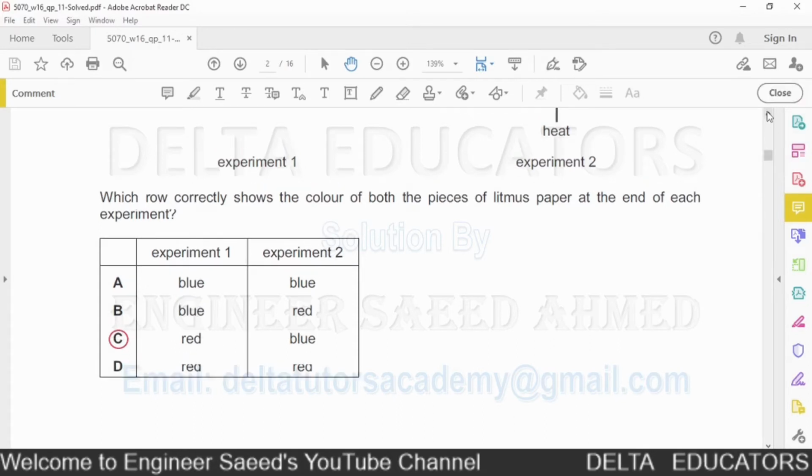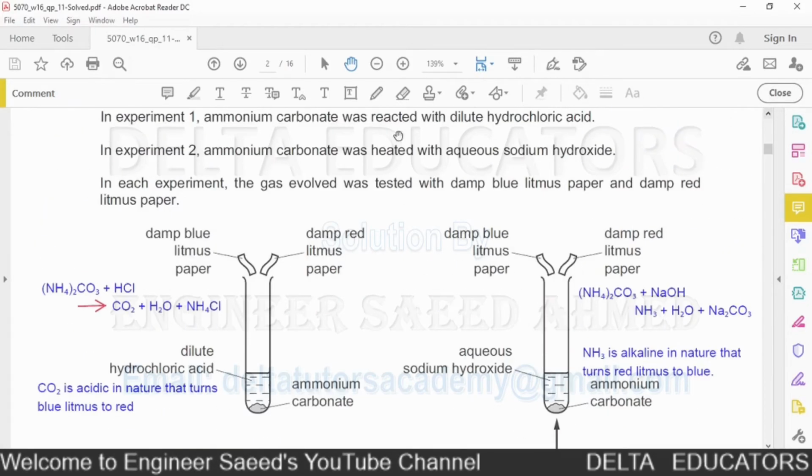Now we check experiment 2. In experiment 2, we have reacted ammonium carbonate with aqueous sodium hydroxide. When we react ammonium carbonate with sodium hydroxide, we get ammonia, water and sodium carbonate salt. Now here ammonia gas is alkaline in nature, and alkaline gases turn red litmus paper to blue.